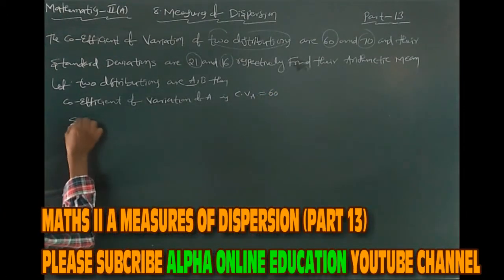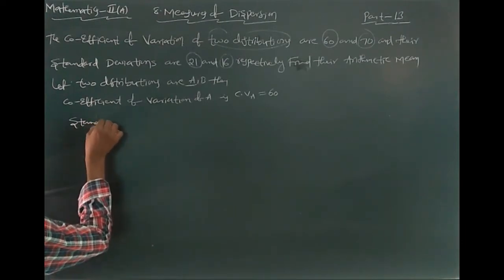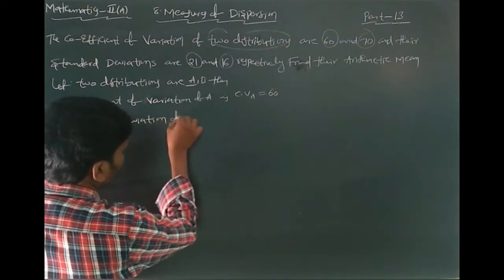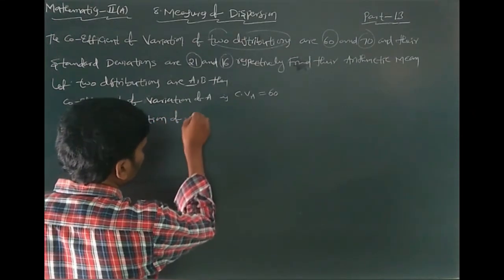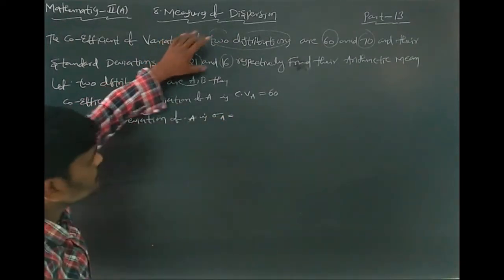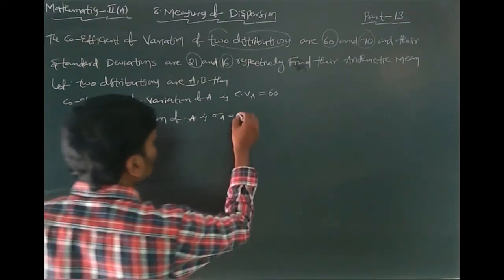And the standard deviation of A, sigma suffix A, is 21.